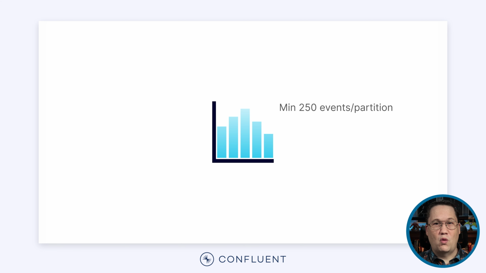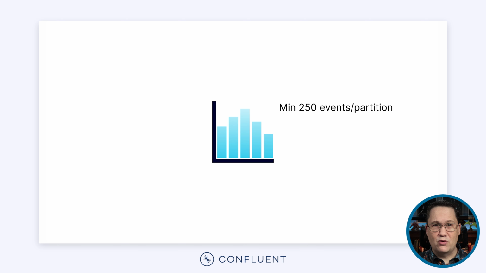The histogram requires a minimum of 250 events per partition before it will start generating reasonable watermarks. If the data size is small enough, it may not be able to produce a good watermark. Furthermore, there are boundaries on the acceptable amount of out-of-orderness. It will never go lower than 50 milliseconds or higher than 1 week. If your system needs to operate outside those thresholds, the automatic watermarking may be insufficient.